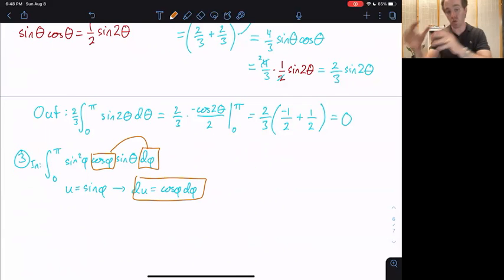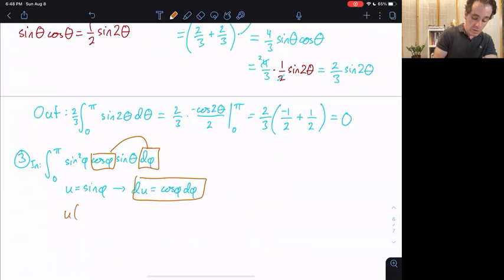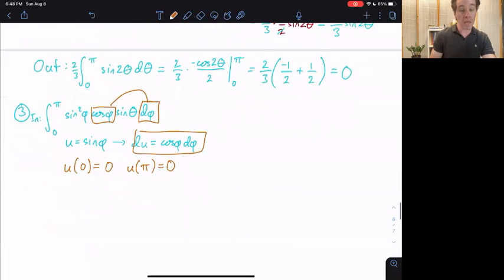So I'm not going to solve for d phi and all that stuff. So we now need to do the bounds of integration. U of 0 is 0. U of pi is also 0. We've seen this before. So if we can make this integral expressible in terms of u and du, then we'll be good.